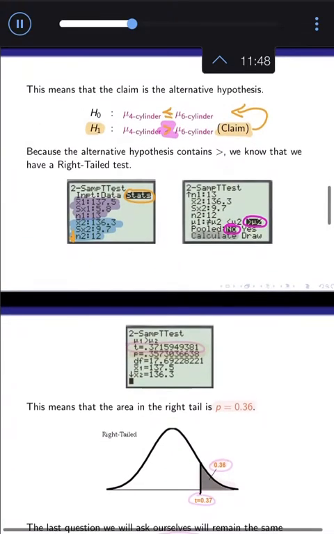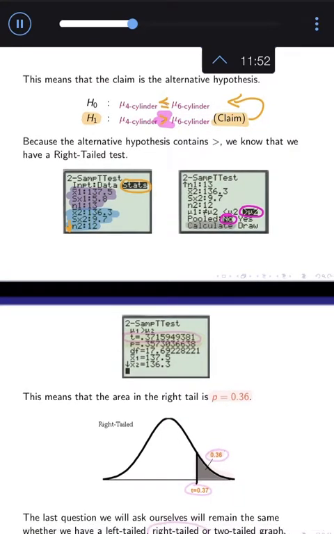Once we select calculate, let's see what happens. It's going to run our right-tailed test, and our results will spit out a t-value and a p-value. Because we're only going to do the p-value approach, we only care about that. Let's narrow in on just the p-value.